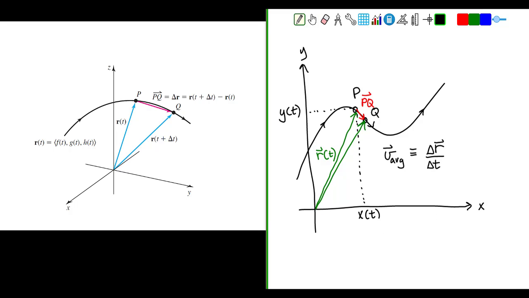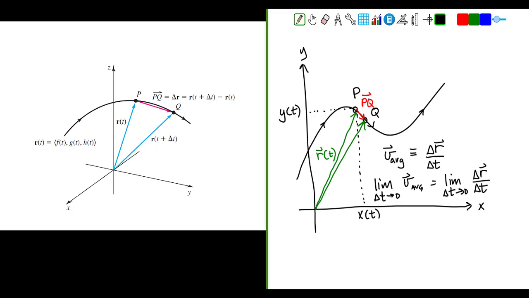If we look at the limit as delta t, our change in our parameter, approaches 0 of this average velocity of our curve, that is just the limit as delta t goes to 0 of our displacement over delta t.